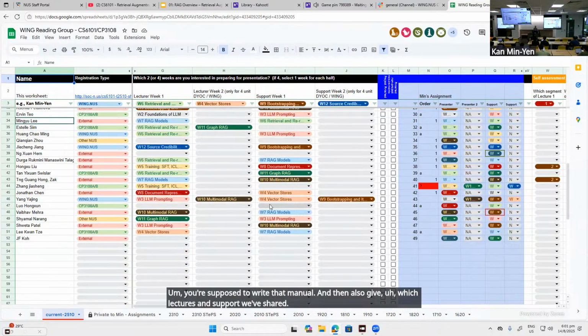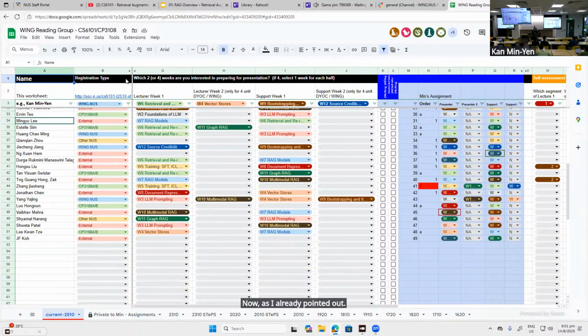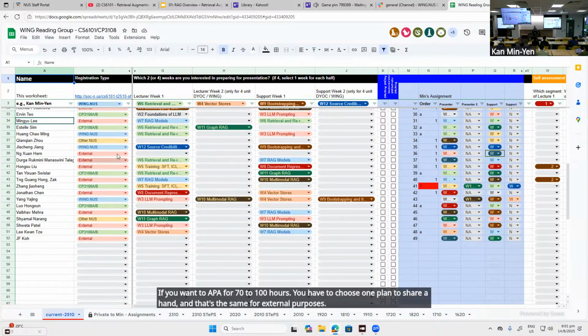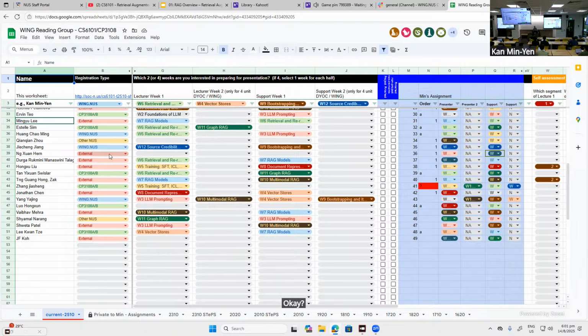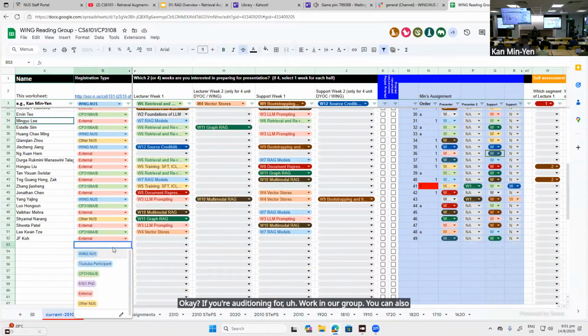As I already pointed out, those of you taking the undergraduate course CP 3108A for 70 to 100 hours have to choose one lecture, and that's the same for external participants. If you're auditioning for work in our group, you can also choose that, and we have a couple of participants from the university.